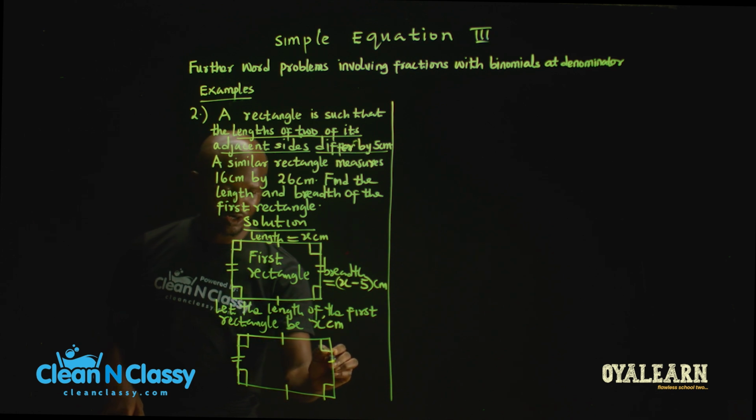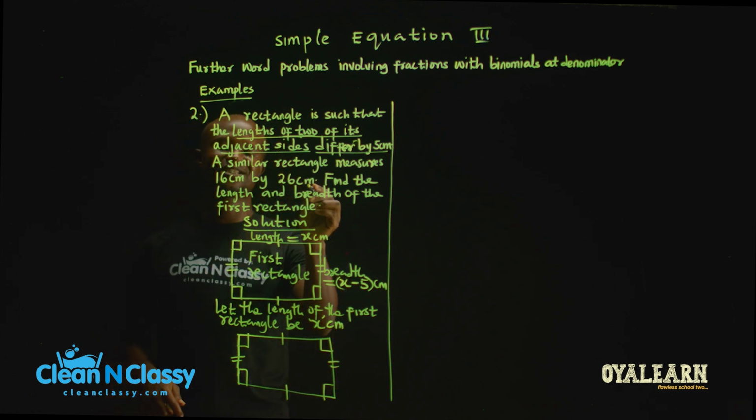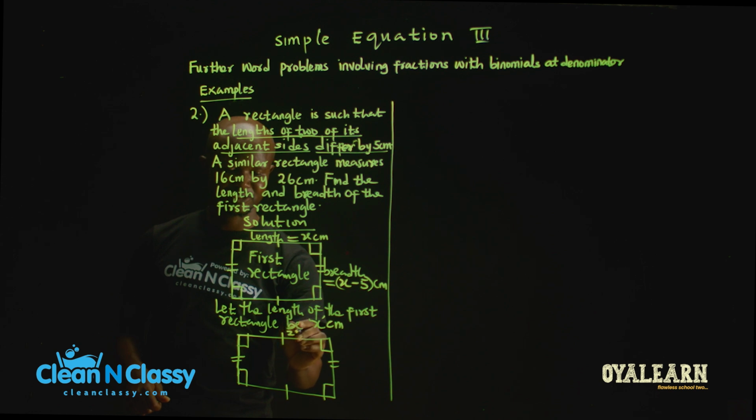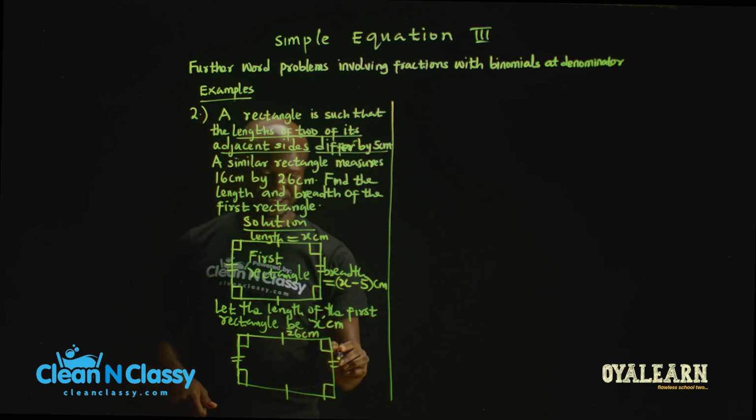Opposite sides are equal. So the length here, 16 centimeters by 26. How do you know the length? The length is the longer side. The longer one is 26 centimeters, while the shorter, that is the breadth, is 16 centimeters.